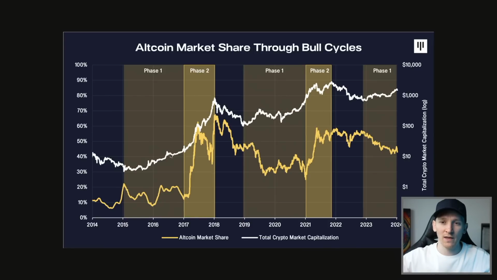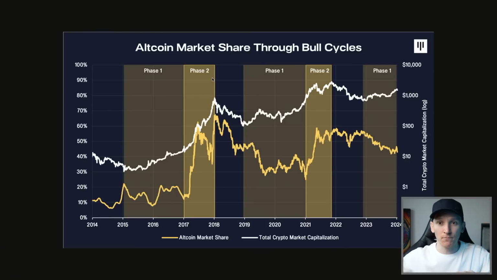During that first phase, altcoins tend not really to do much. They're still kind of being distributed out, and there's a lot of selling pressure on those altcoins. And so Bitcoin moves up in value, but altcoins tend to move a little bit sideways here. And so the delta, or the price difference between the altcoin market and Bitcoin, gets wider as Bitcoin moves up and the altcoin market kind of stays where it is.